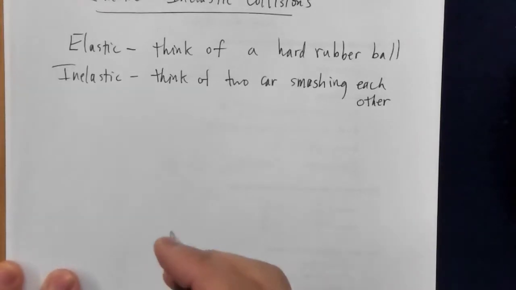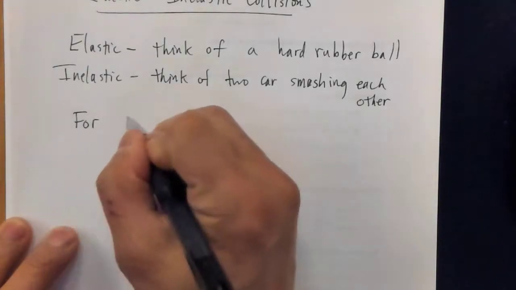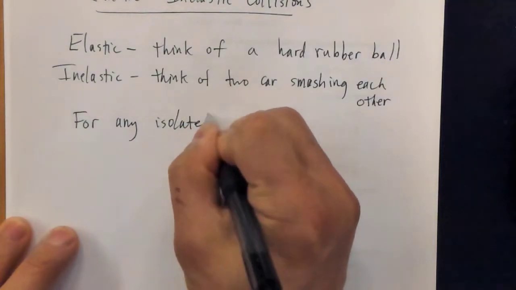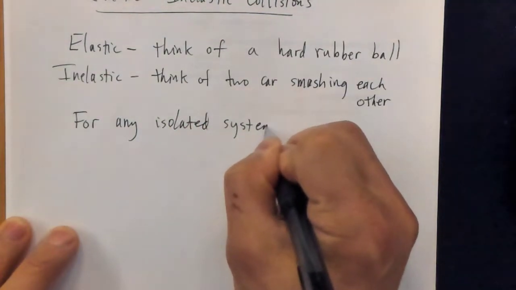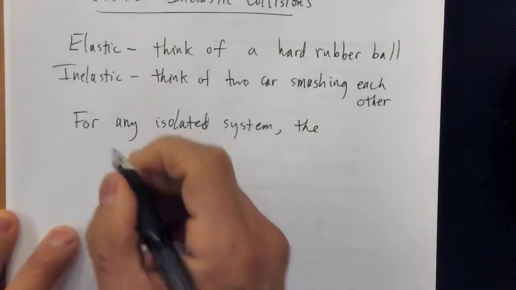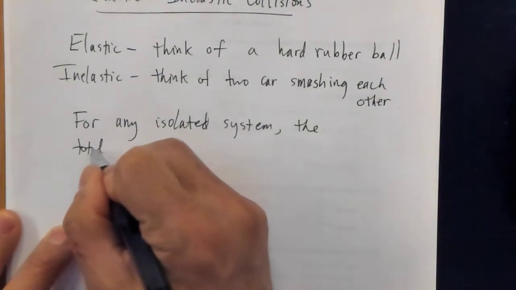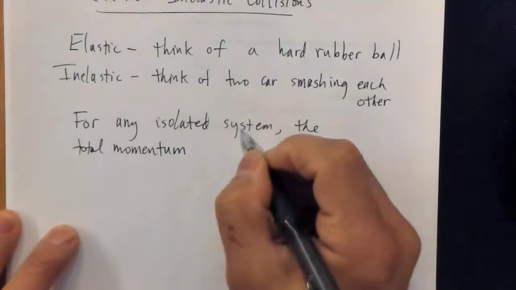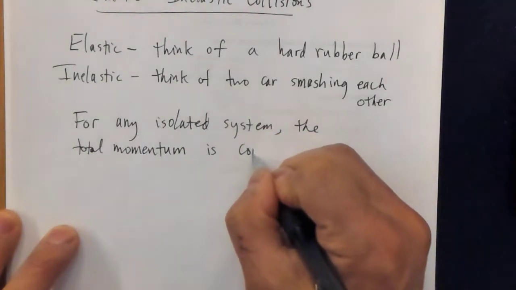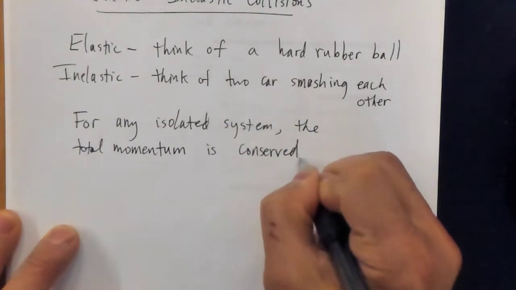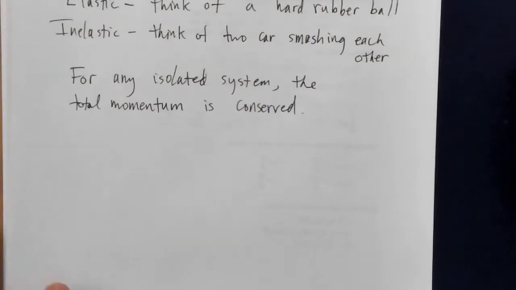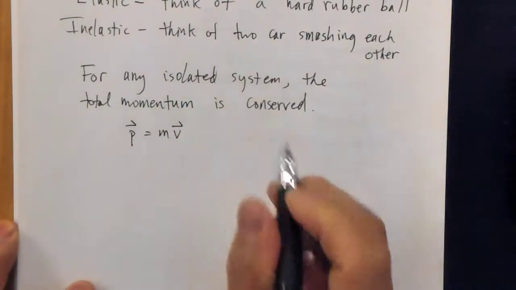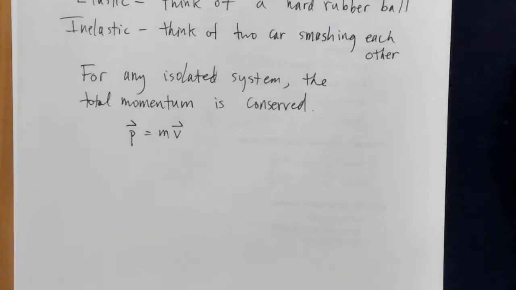For any isolated system, the total momentum is conserved. Okay, so remember what momentum is. Momentum is p equals m times v, where v is the velocity, m is the mass.